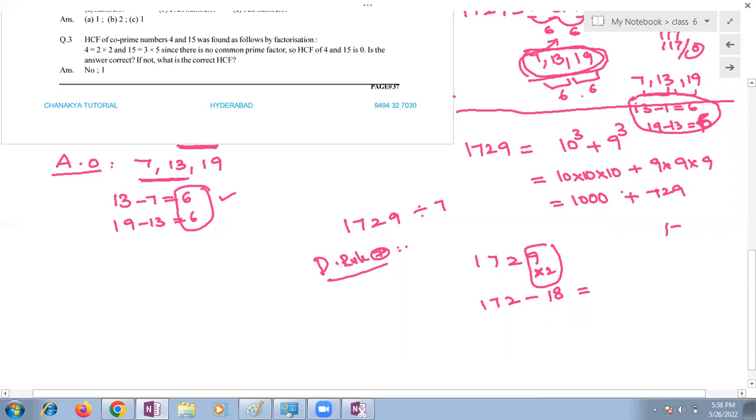Children, you should do it in your mind, not on paper. 154. Again, you need to do Chekhov's test. 4 twice is 8. 15 minus 8 is equal to 7. Is 7 in the 7 table? Yes. So this number is divisible by 7.